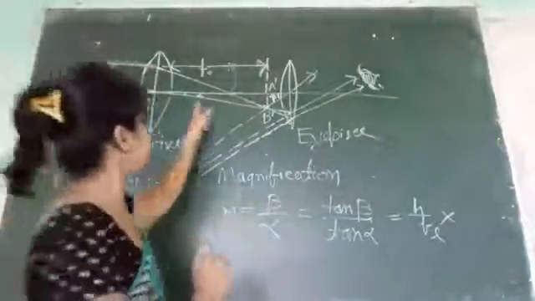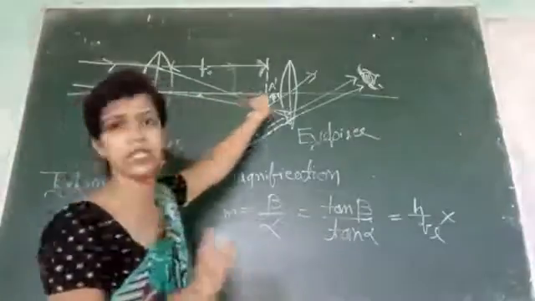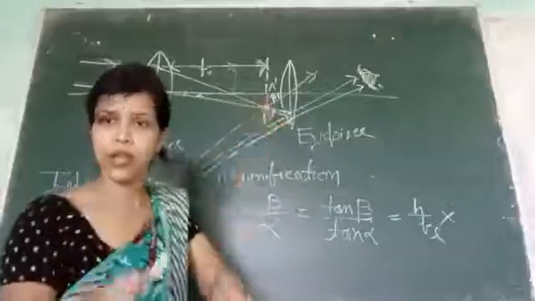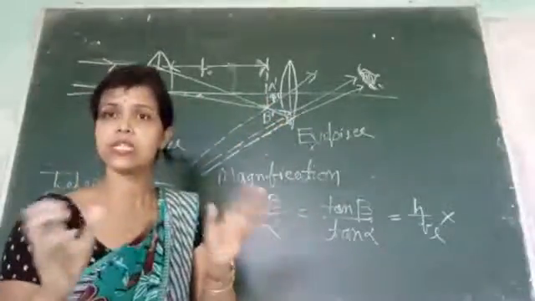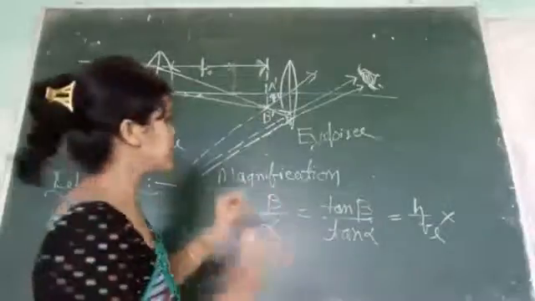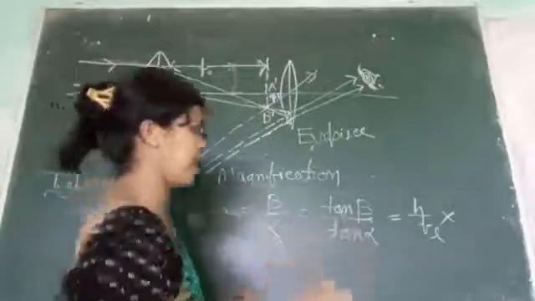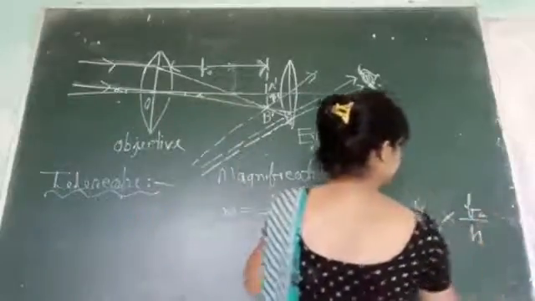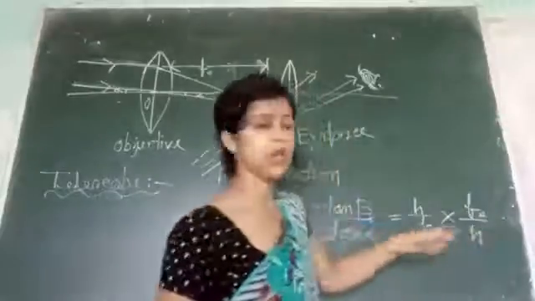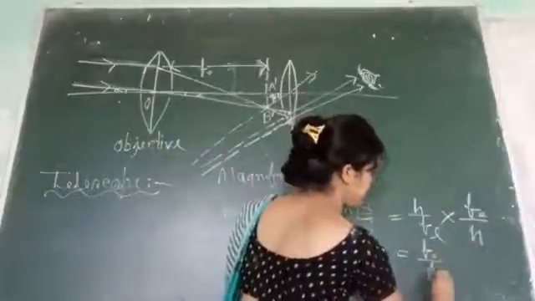So here actually the distance O A dash is the focal length of the objective. That means we can suppose this distance is F naught. So we write tan alpha is equal to H by F naught. Here H cancels, so the remaining term will be F naught by Fe.